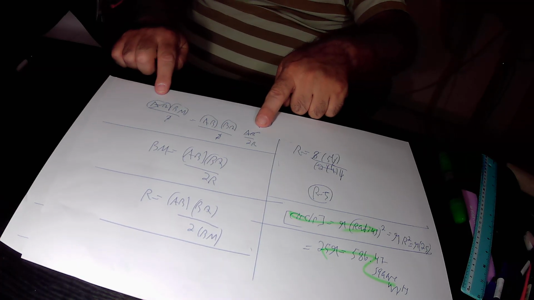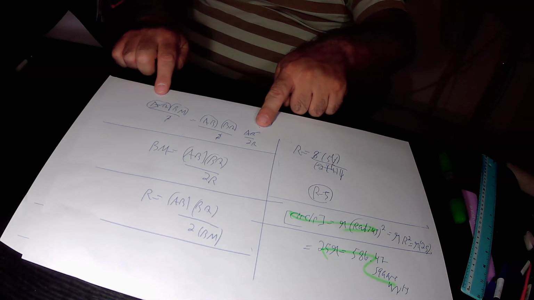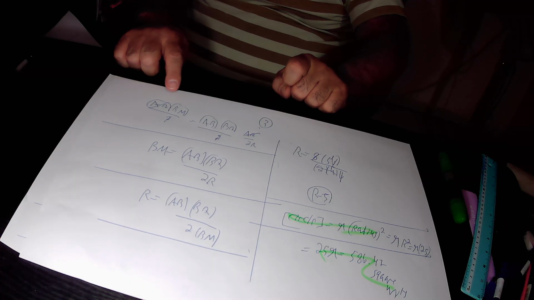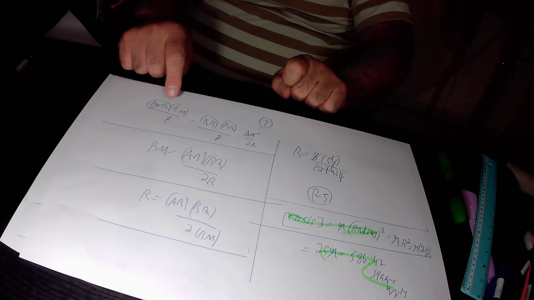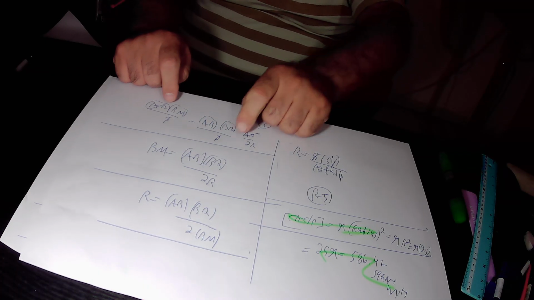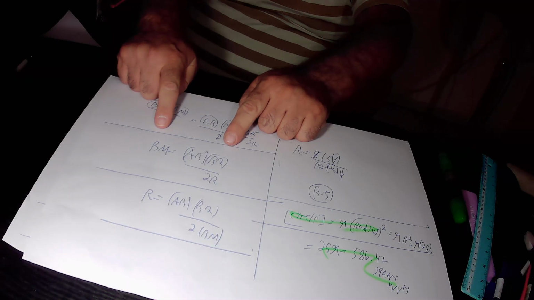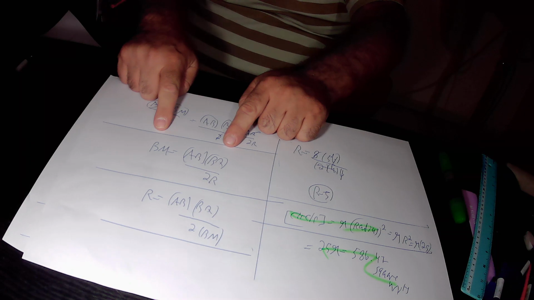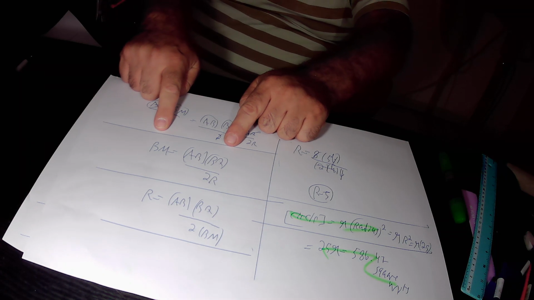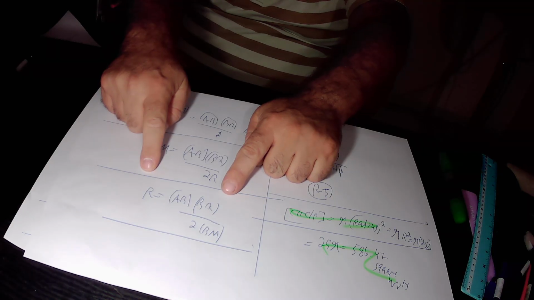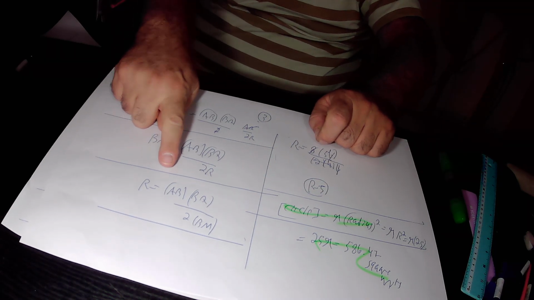We have AQ on both sides, so AQ will also get cancelled. After we cancel those two expressions, on this side of the equation we are left only with BM. This equals AB times BQ over 2R. So BM, here we multiplied this equation by R, and divided by BM simultaneously, and found that R equals AB times BQ over 2 times BM.